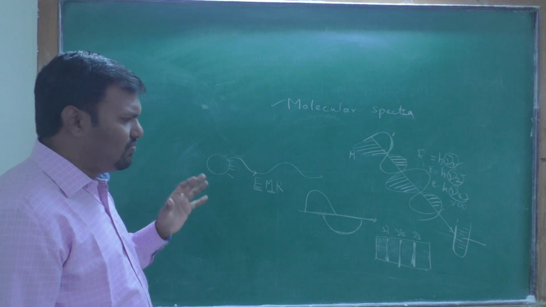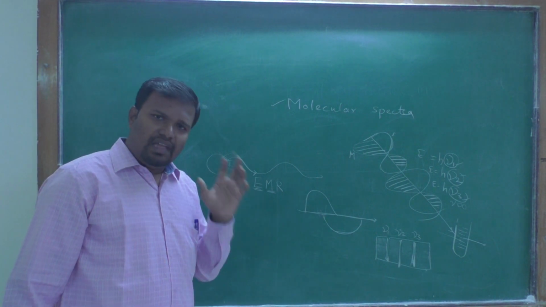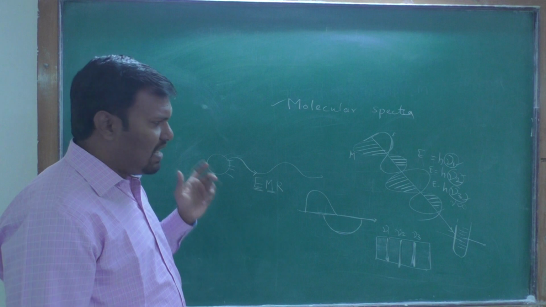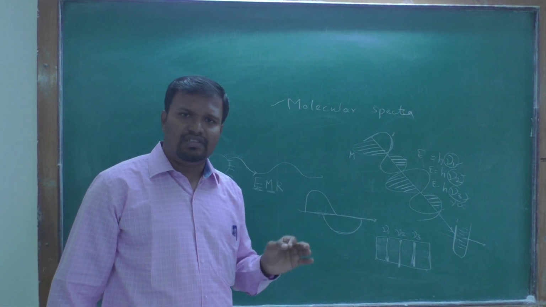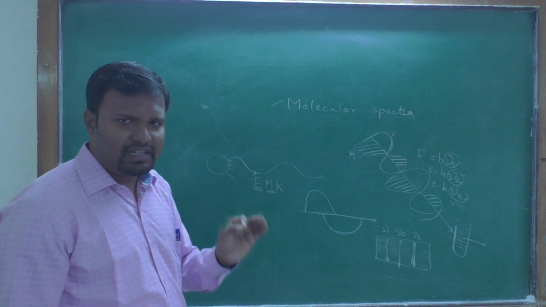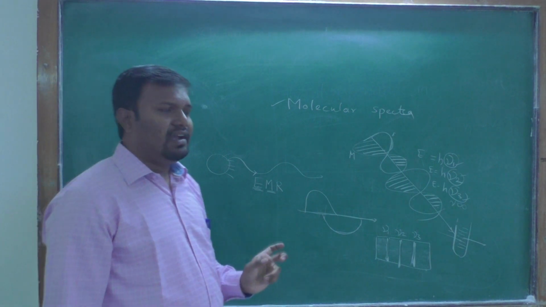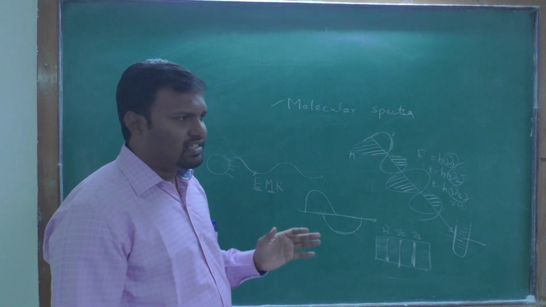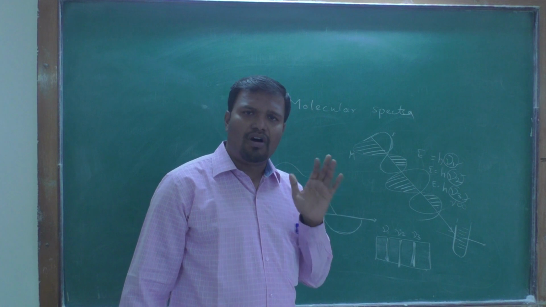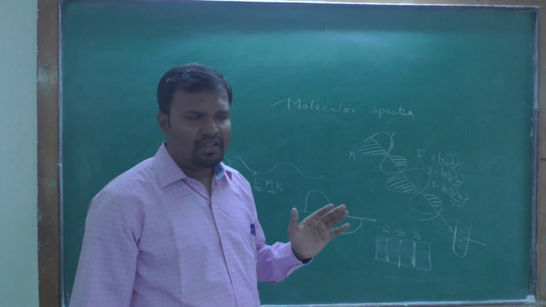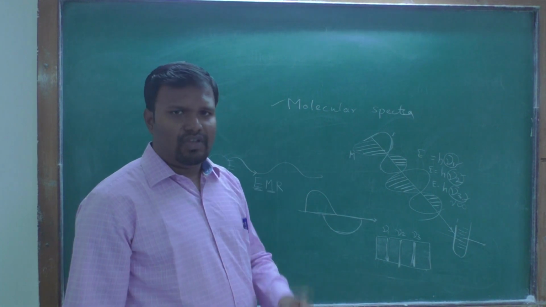Remember this very important thing. All the energy radiated from the source is in the form of electromagnetic radiation, which is a form of wave having all the characteristics of waves.